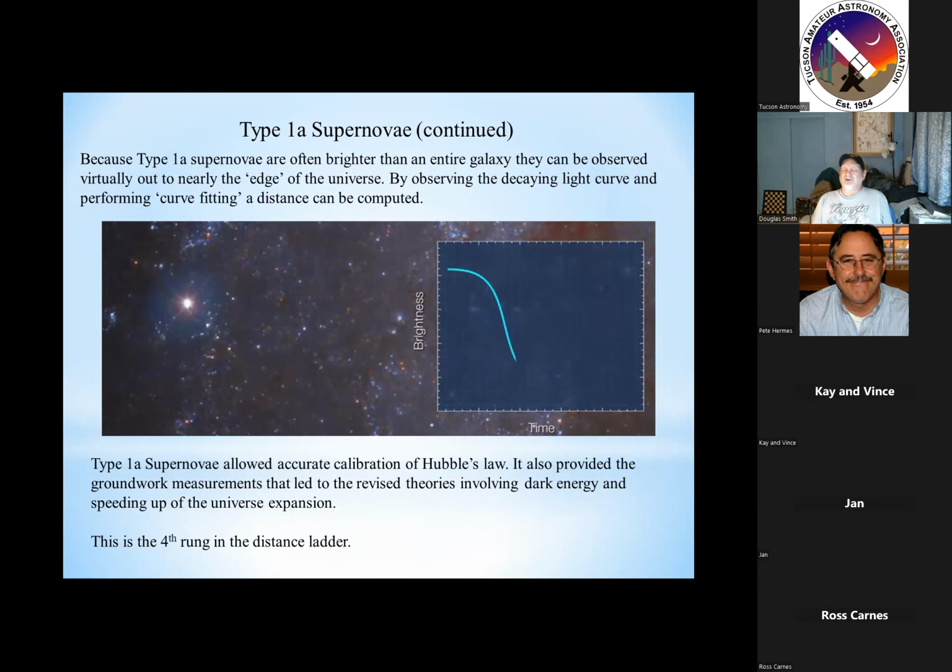And these are the original measurements that came out of the type 1a supernova measurements. This is where they started having to come up with theories that involved dark energy and the acceleration of the expansion of the universe. Came directly out of the measurements from here, because they didn't line up with the standard Hubble model. This is called the fourth rung. This is considered the fourth rung in the distance ladder.